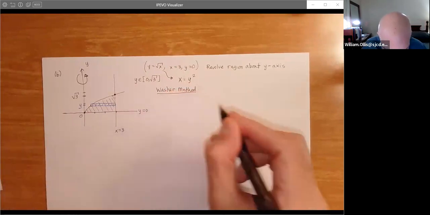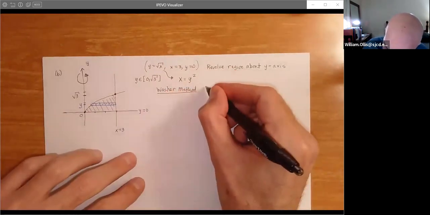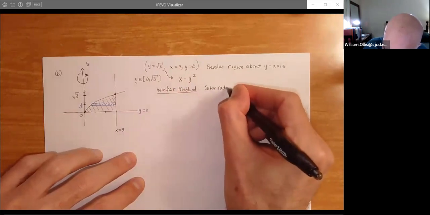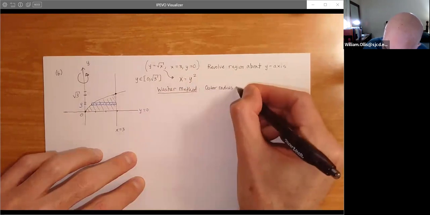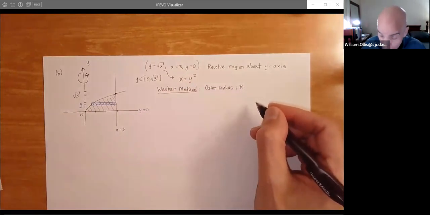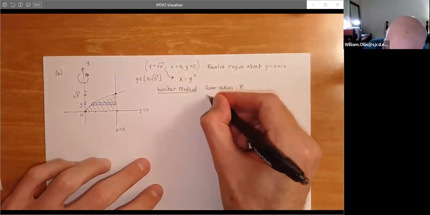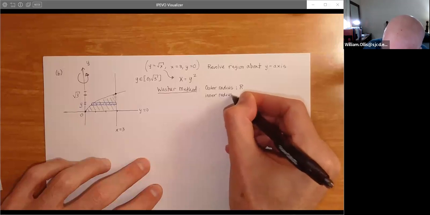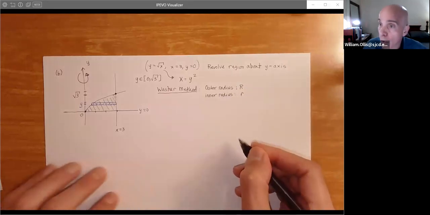And so now what we will have is an outer radius. Sometimes we'll just call that R, uppercase. You can use any letter you like. The uppercase R is good. And we have an inner radius. Sometimes we just run out of letters. We can call that lowercase r.